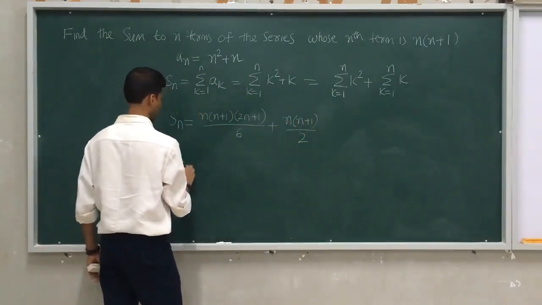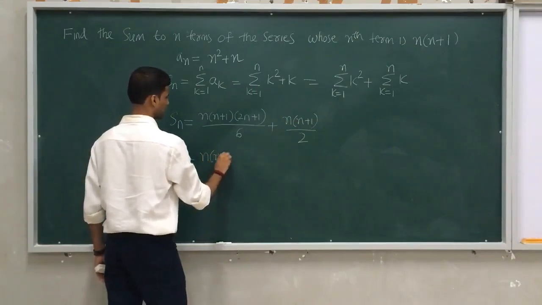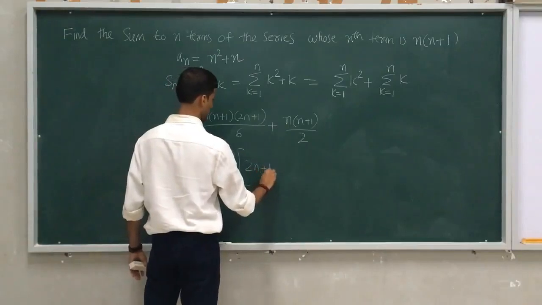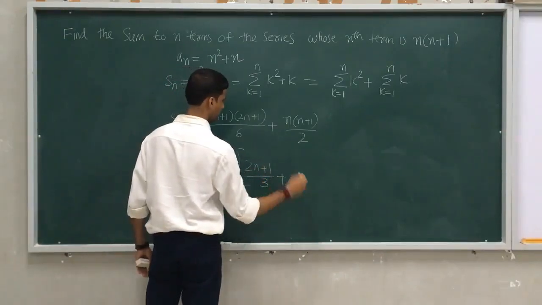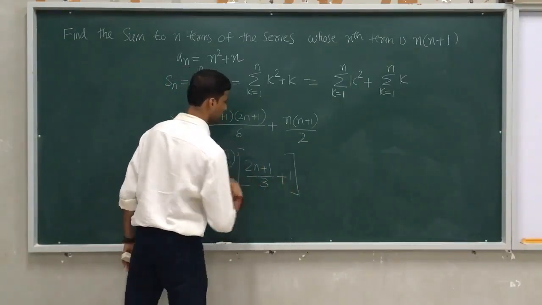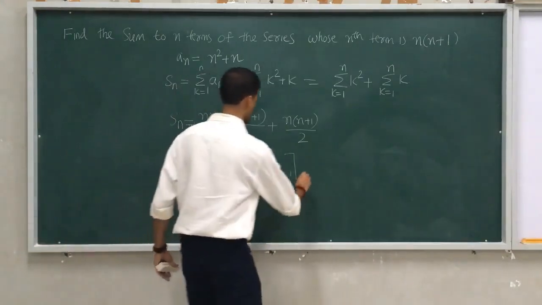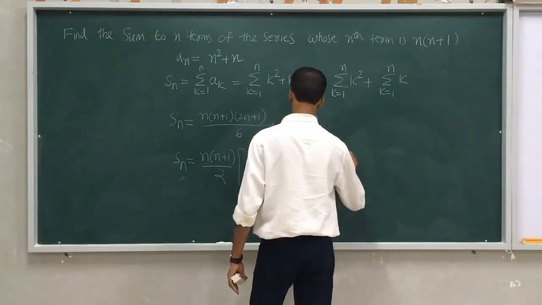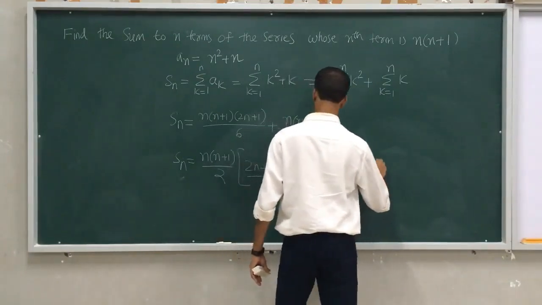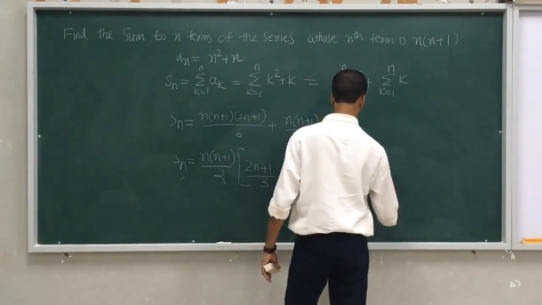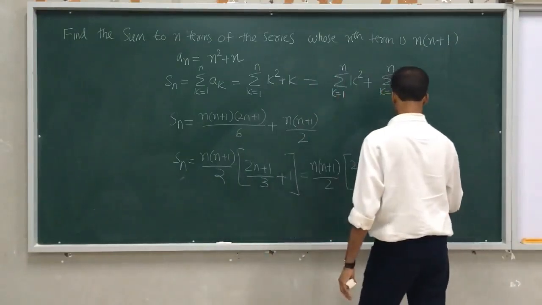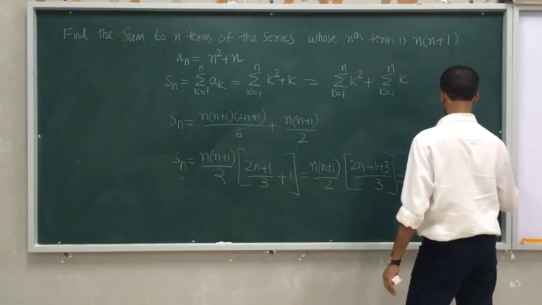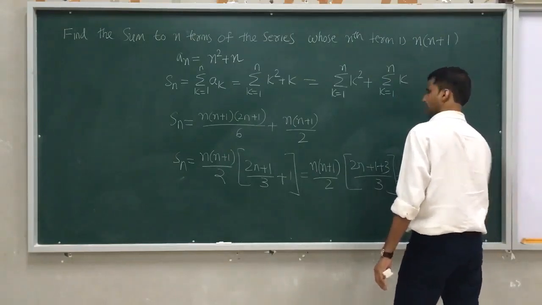So Sn is equal to n into n plus 1 by 2 times 2n plus 1 by 3 plus 1, because we took this common factor out. This is n into n plus 1 by 2, times 2n plus 1 plus 3 by 3, which is n into n plus 1 into 2n plus 4 by 6.